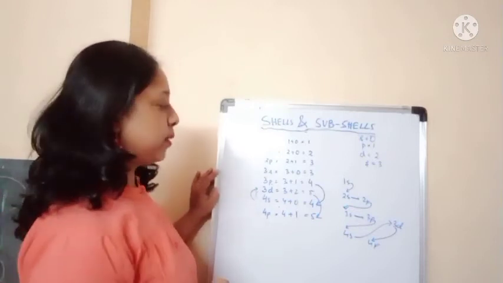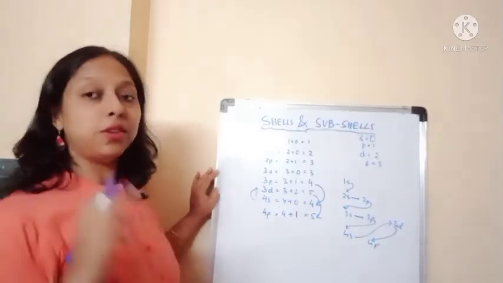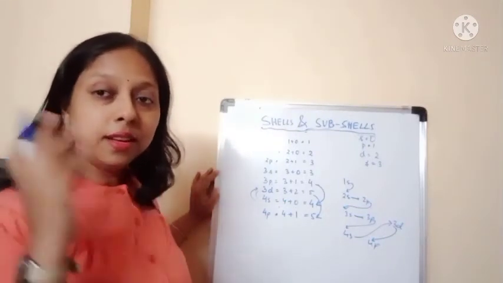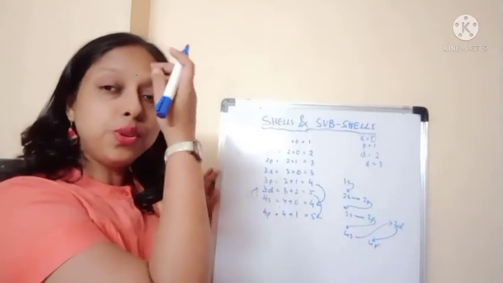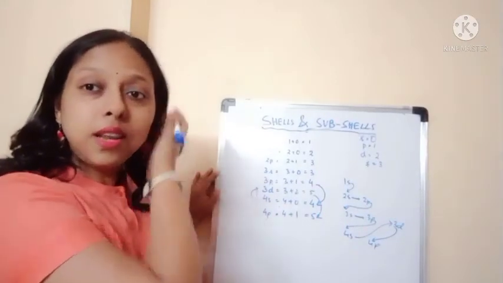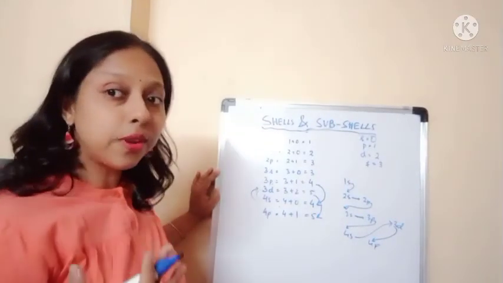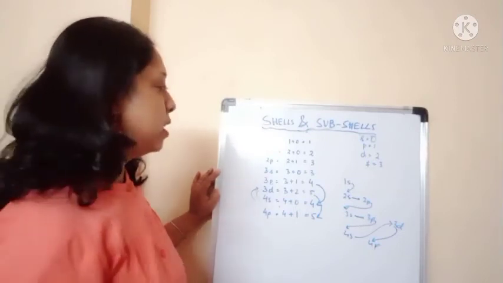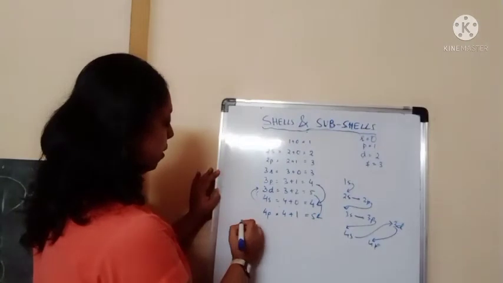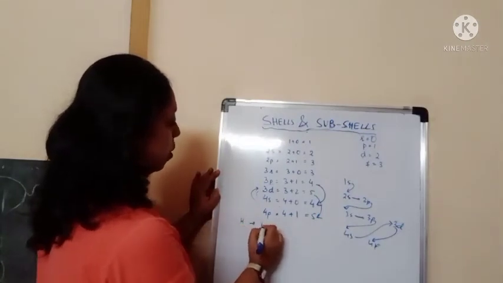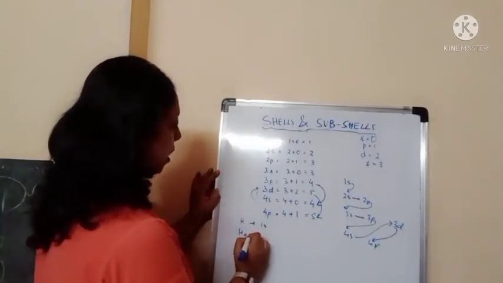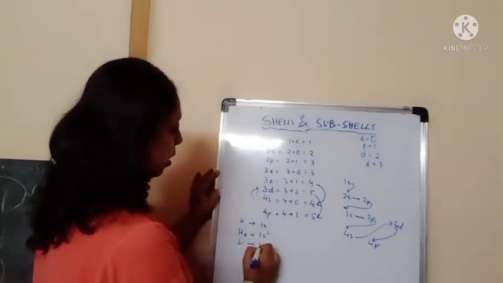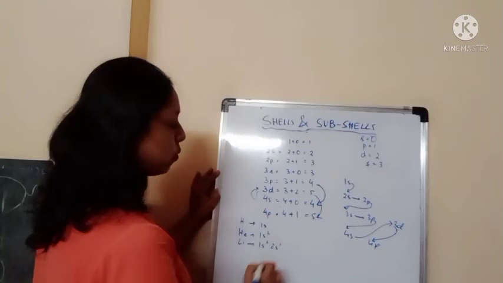Okay, so now you will understand why after argon, when you go to potassium, the electrons are filled in the 4s orbital, not in the 3d orbital. Okay, so let's see. Your hydrogen will be 1s1, your helium will be 1s2, then your lithium will be 1s2, 2s1.